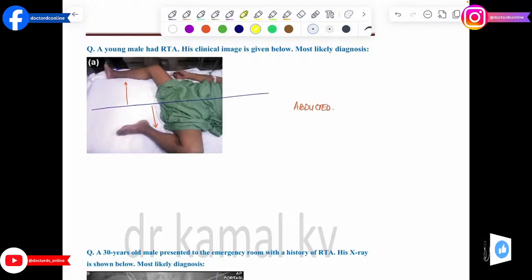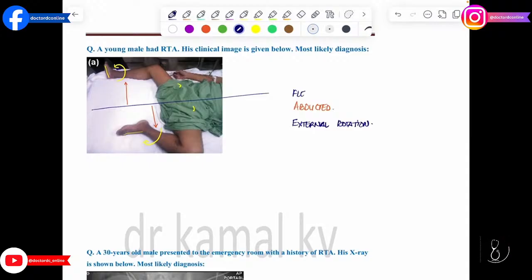Secondly, we can observe that the lateral border of the foot is almost touching the couch, and this suggests some degree of external rotation. So there is external rotation bilaterally. And third, we can also see that there is flexion at both the hips.